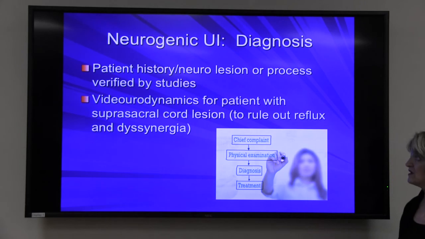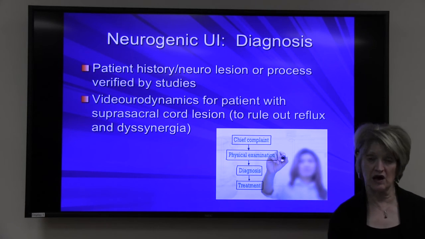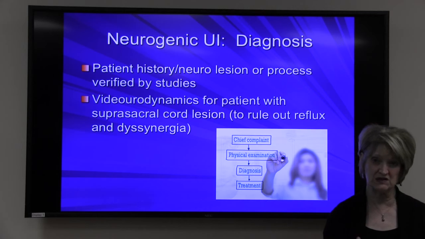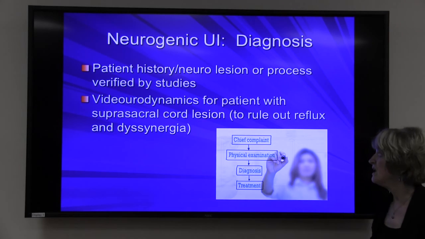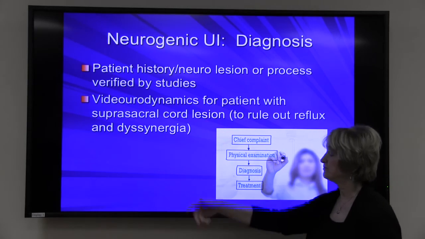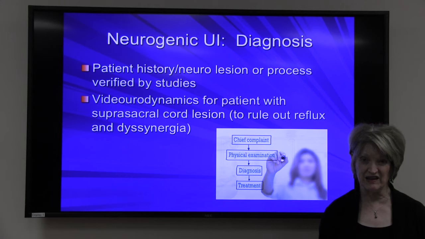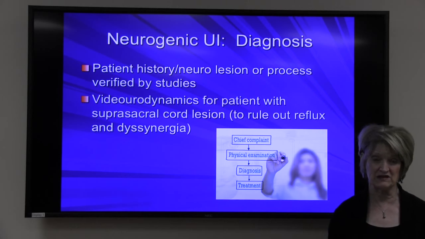Okay, so how do we diagnose them? Well, we have their history that includes a neurologic diagnosis, which should have been confirmed. So yes, we need to confirm that they've had a stroke, they have Parkinson's, they had a spinal cord injury. Most of the time that's already been done. Here's my point with this slide. Urodynamics, ideally video urodynamics, are essential for a patient with a cord lesion to rule out dyssynergia.